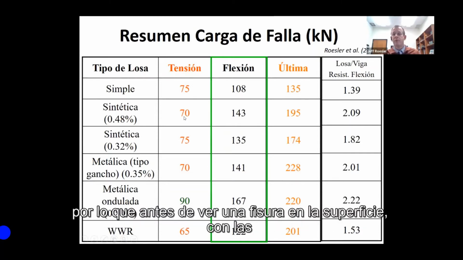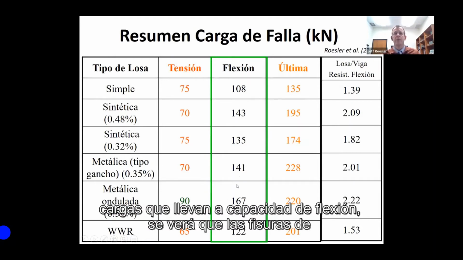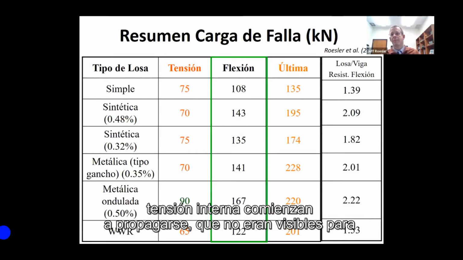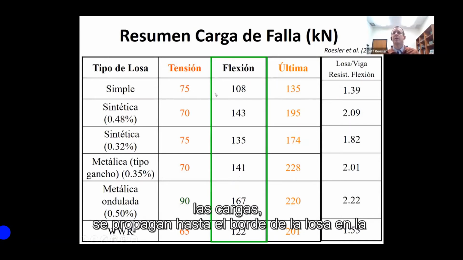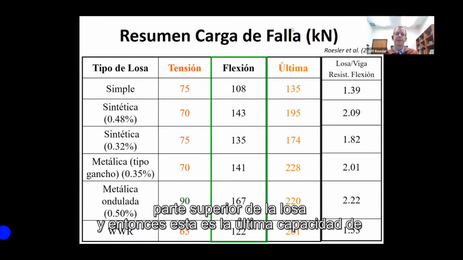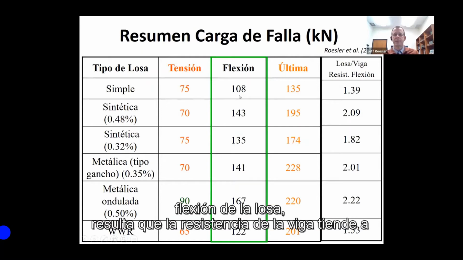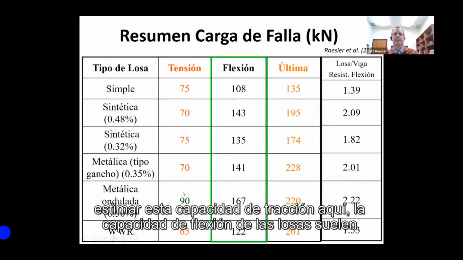So before you even see a surface crack, which would be what these flexural load capacities are, you would see internal tension cracks beginning to propagate that weren't visible to your eye. These tensile cracks, as you continue to load, propagate to the edge and the top of the slab, and then this is the ultimate flexural capacity of the slab. Turns out that beam strengths tend to estimate this tensile capacity here.